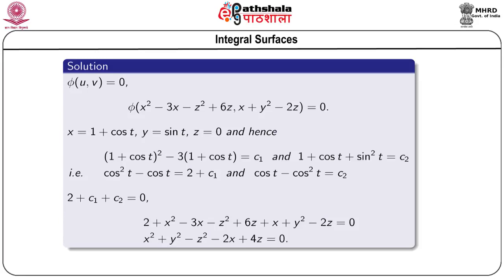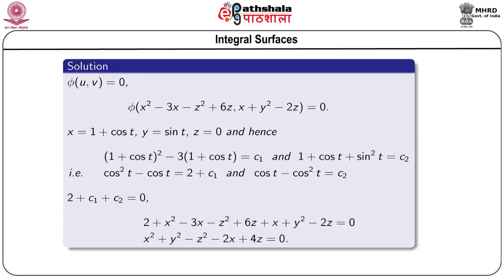Now, we are interested to find that integral surface which passes through the given circle. The equation of the circle can be written in parametric form as x equals 1 plus cos t, y equals sin t, z equals 0.